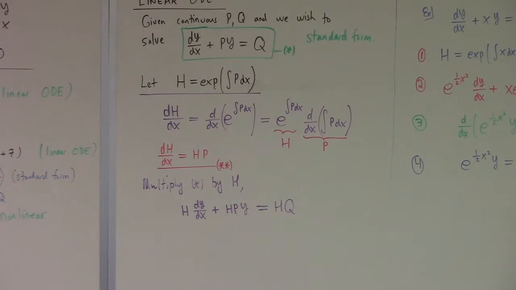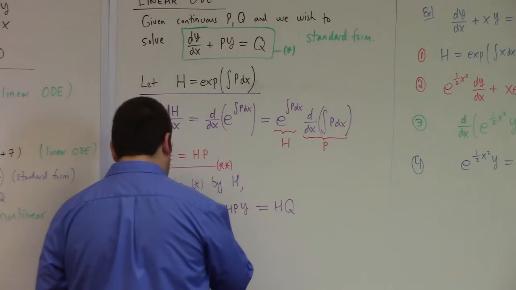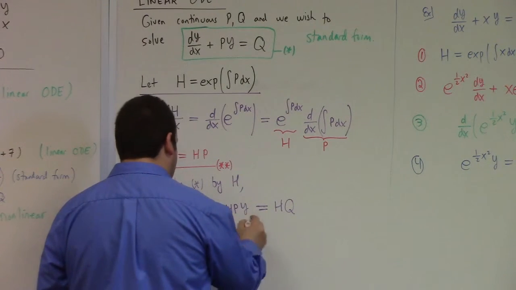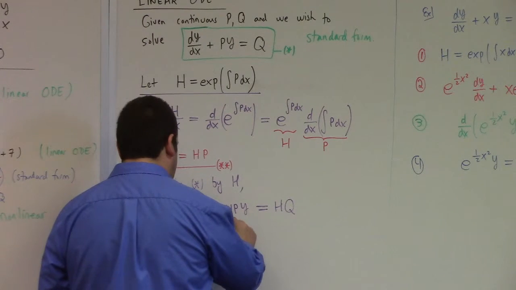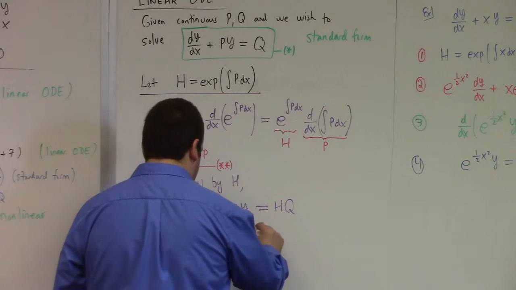You're like, well, okay, you're not convincing me that this h is worth looking at just yet. Fair enough. I haven't gotten to the punchline yet. Look at this, though. What is hP? The integrating factor times P? Yeah, thanks. It is dh/dx, times y.